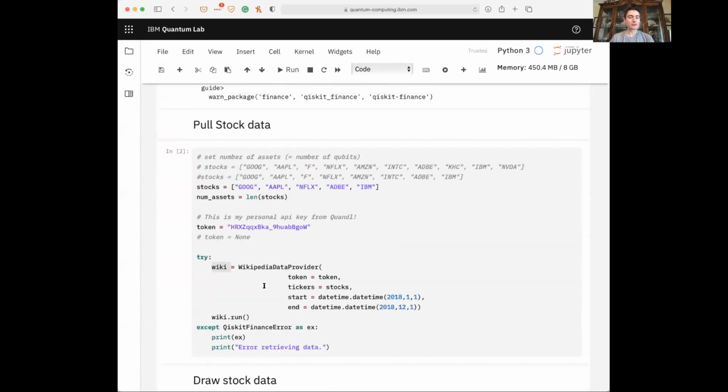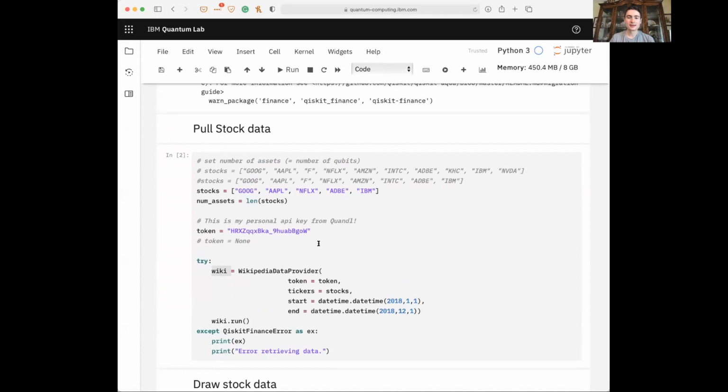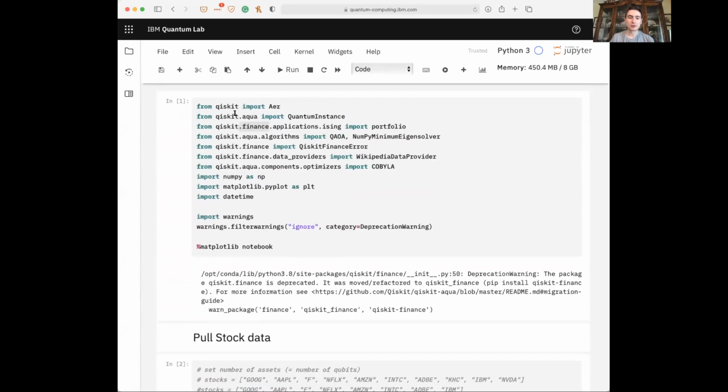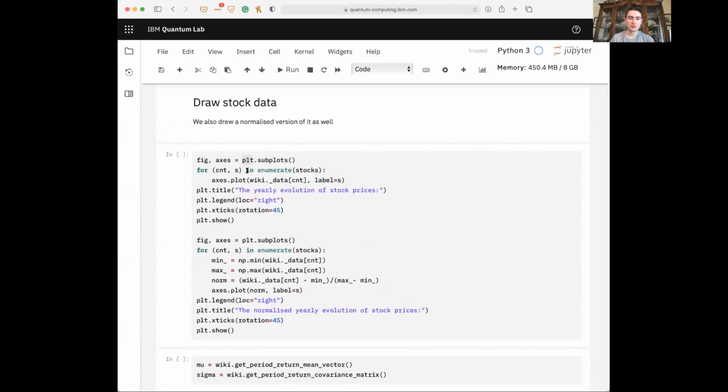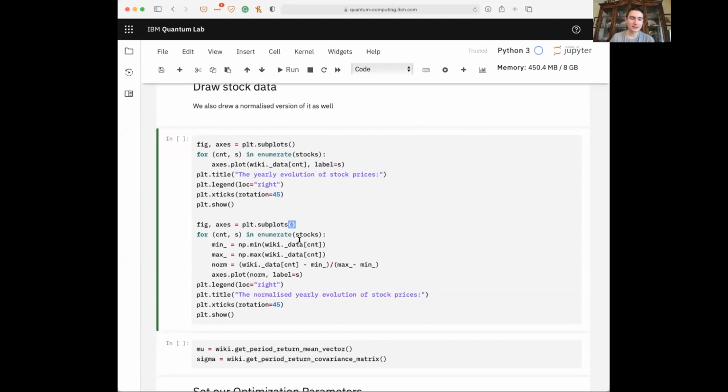So if you ever run into a symbol that you don't recognize, one good place to start is the imports, right? So if I look around here, you might look and look and look, and eventually you'll find, oh, there's PLT. PLT is referring to matplotlib.pyplot. So indeed, that whole section of code down here where we're drawing stuff, it's just matplotlib code. I don't really care what it does because we can run it and see exactly what plots it produces.